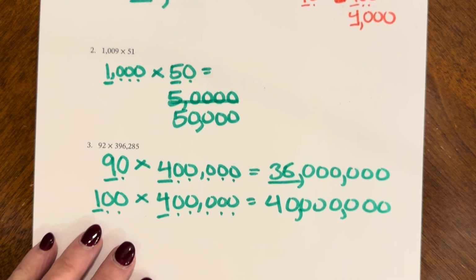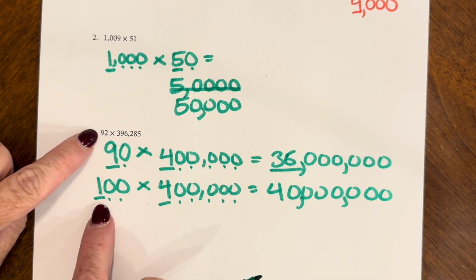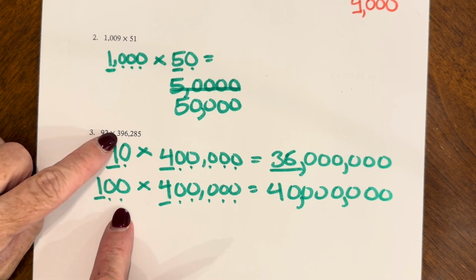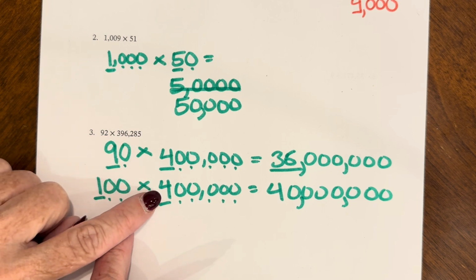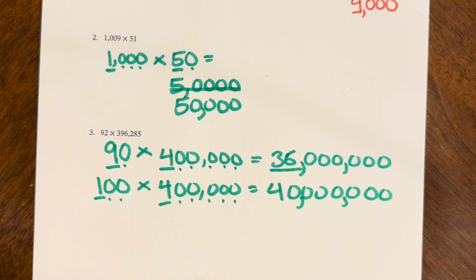But then here, for the second example, I rounded the 92 up to 100. And I rounded the 396,285 up to 400,000. So this means that this estimate has to be larger than the actual product.